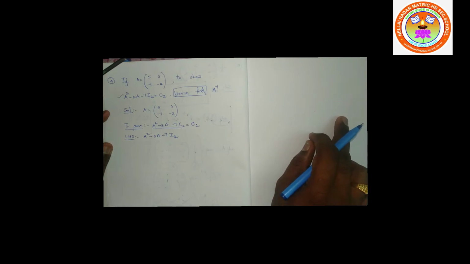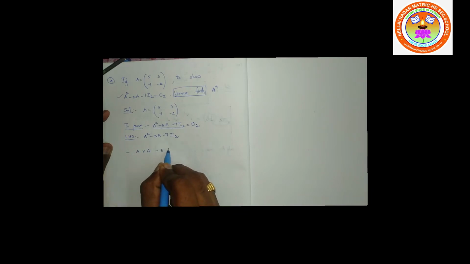Taking the LHS, A square I need to write as A into A, minus 3A, minus 7I2. So what is the A matrix given for us? [5, 3; -1, -2]. Once again the A matrix is multiplied with the A matrix.